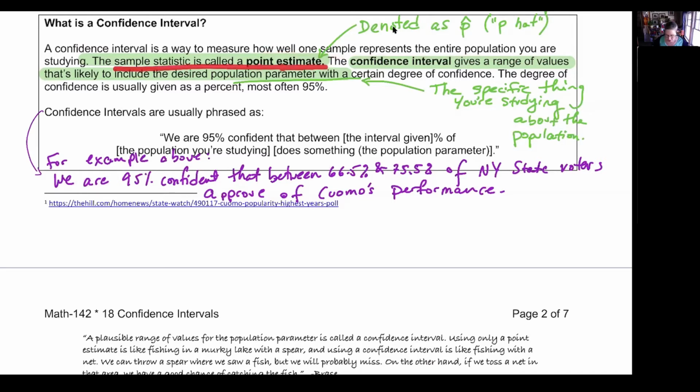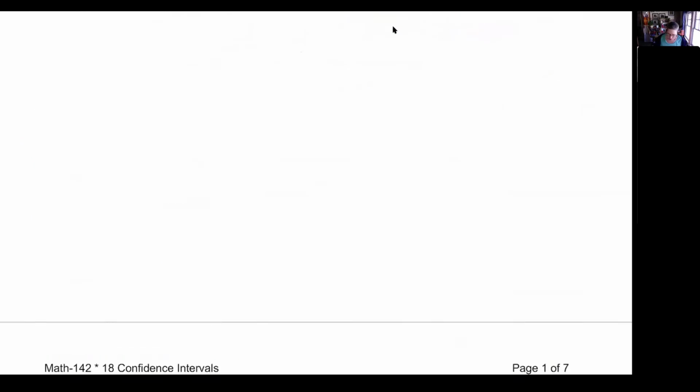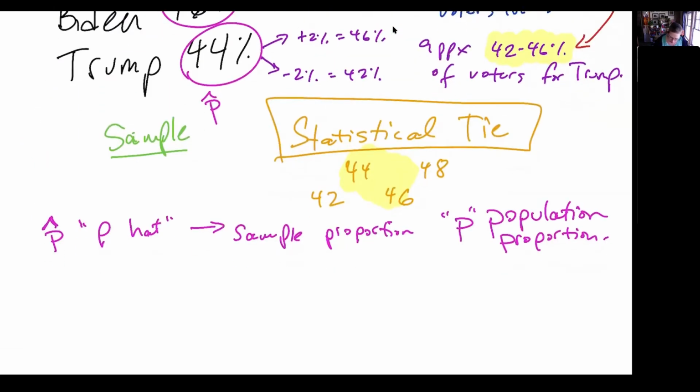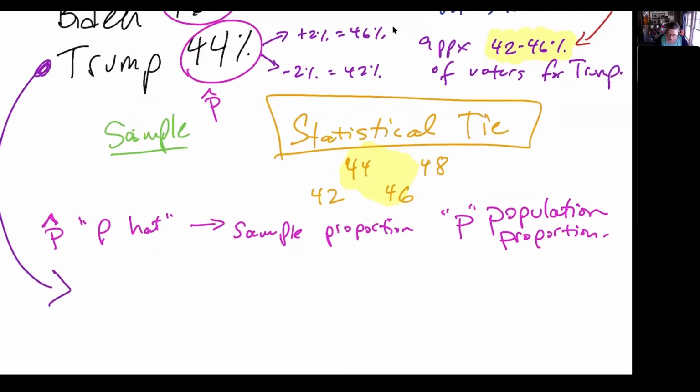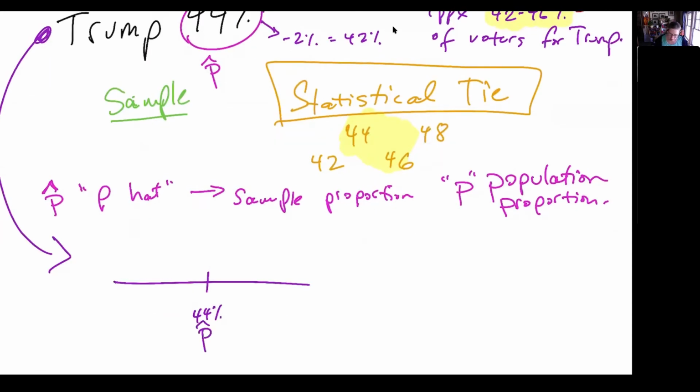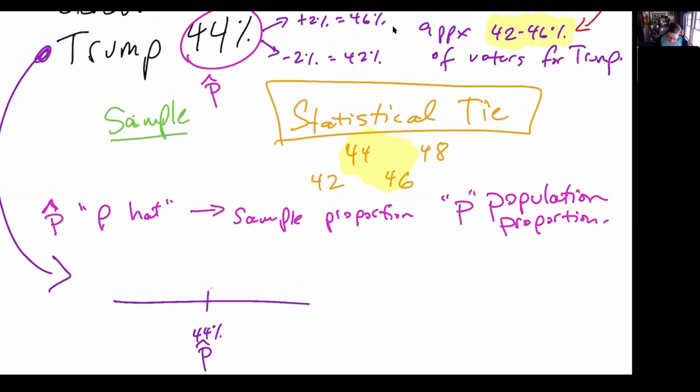That sample statistic that we denote with p hat, we call the point estimate. We call it the point estimate because, if I go back up here and look at Trump, the lower one, and at the math I just did: if I take a number line and put 44 in the middle, that's my p hat, and then I take the margin of error and add it and subtract it.